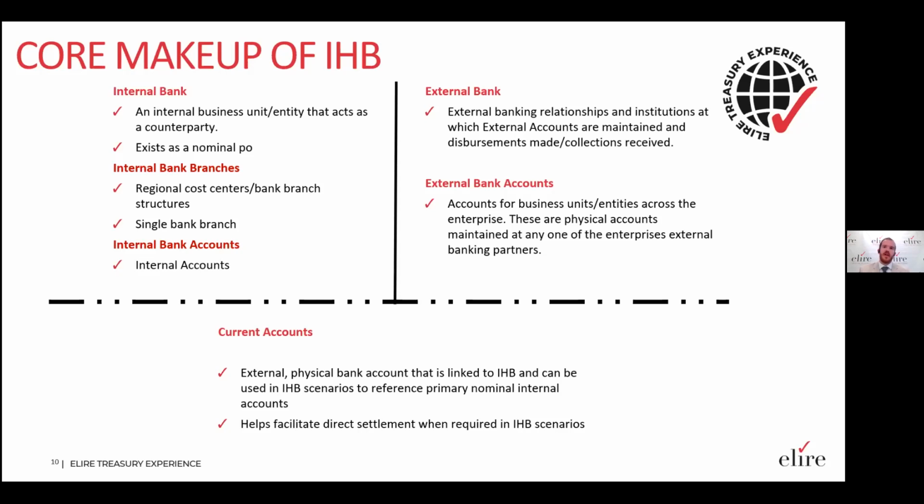So our current accounts allow us to actually utilize the IHB to shrink the number of transfers that we're remitting, consolidate them, make sure that we are only moving funds when necessary to reduce all of the fees that we associate with wires or even ACHs. So the current accounts are the ones that are actually facilitating the movement of money when we have to move money for cash pooling purposes, investment purchases, or the like.